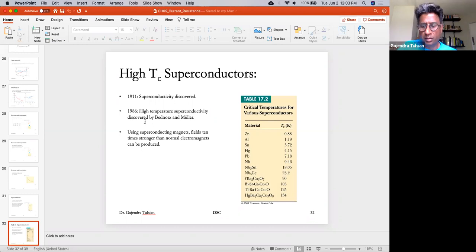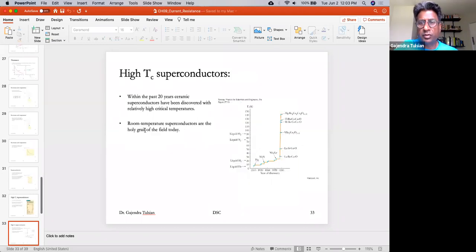Let me show you a graph. Here, superconductivity was discovered in 1911. Superconductivity can be useful, but to cool materials to such low temperatures is hard. It was discovered in mercury first, and it became superconducting at 4 degrees Kelvin.